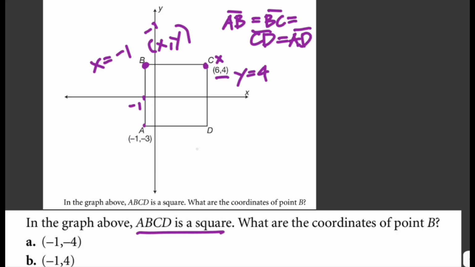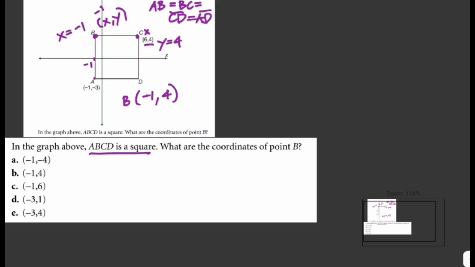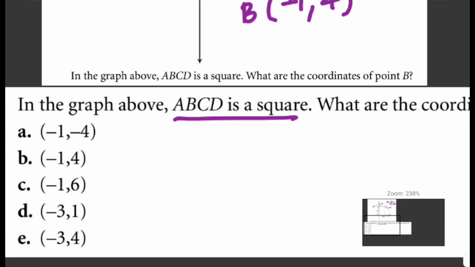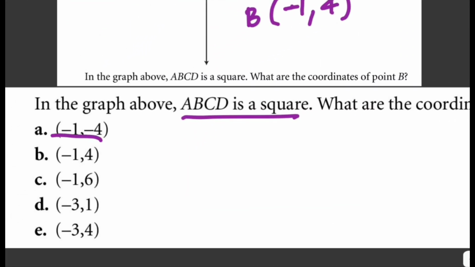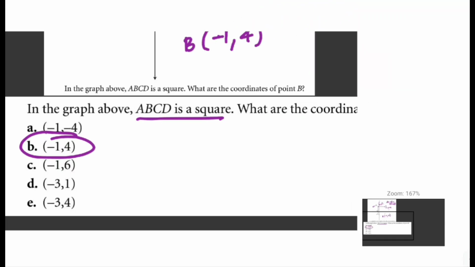Therefore, the coordinates of point B are negative 1 and 4. So the x-coordinate is equal to negative 1 and the y-coordinate is equal to positive 4. So let's take a look at the choices here. So the answer is letter B.